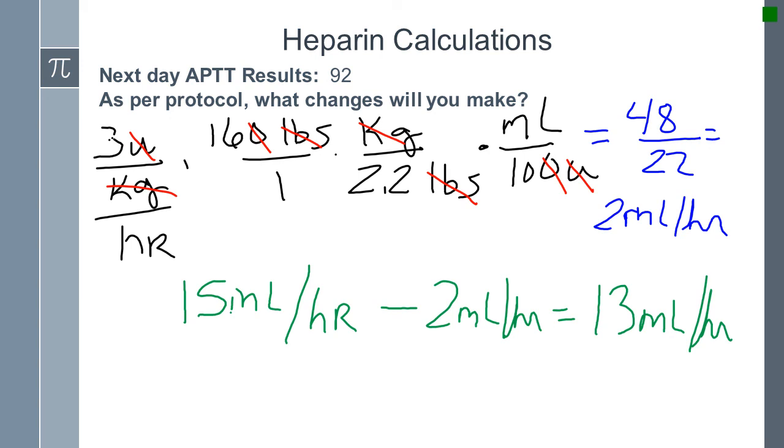So now we're at 15 mils an hour. And we need to decrease it by 2 mils an hour. So now we're going to go back to 13 mils an hour.